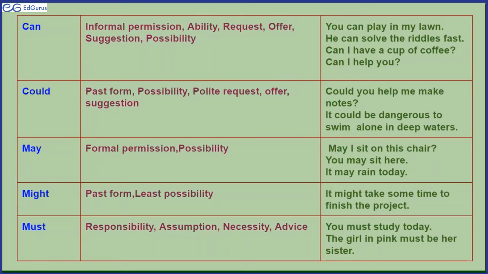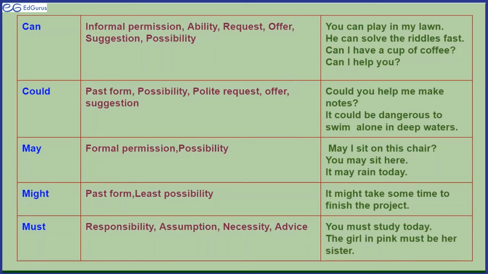Must. Must expresses responsibility, assumption, necessity, and advice. Necessity, when we say it, means a sort of compulsion. Advice is, for example, we say, you must work hard. Your exams are ahead. So it's an advice. Necessity: you must come to school with your ID card.